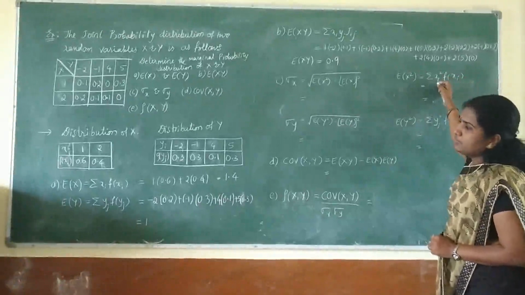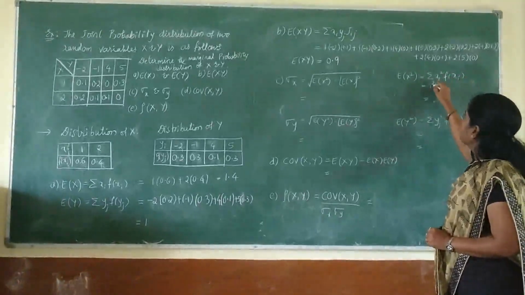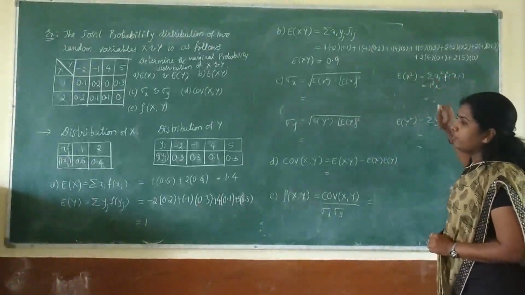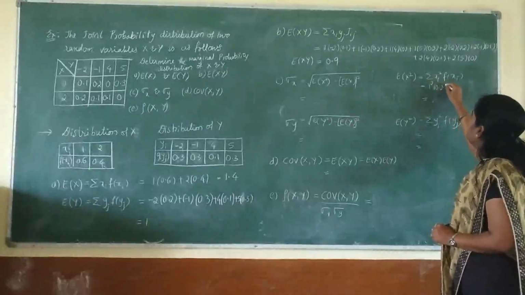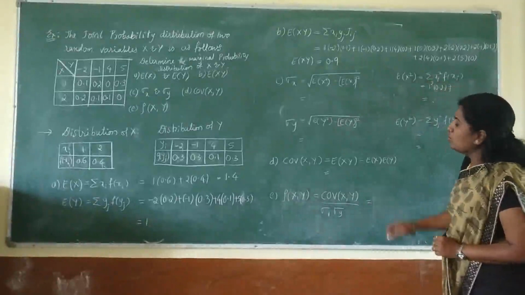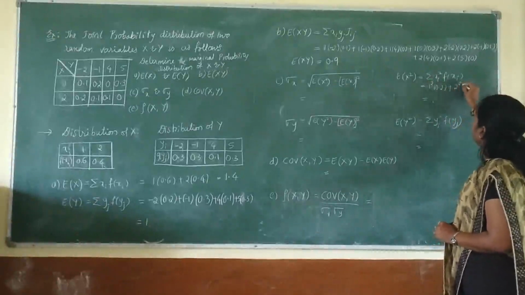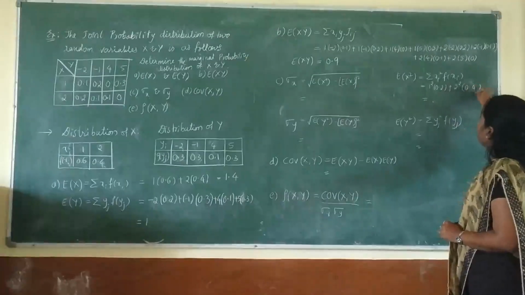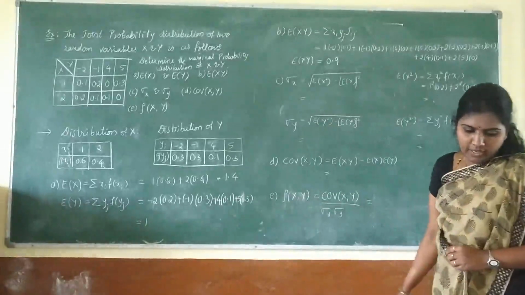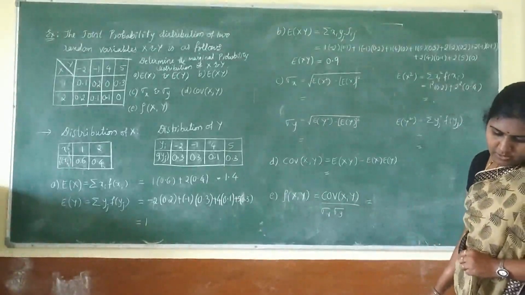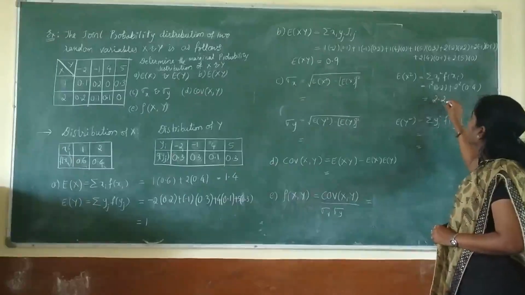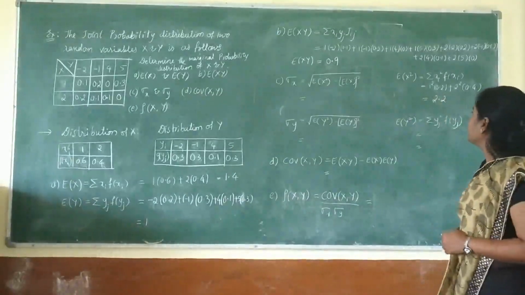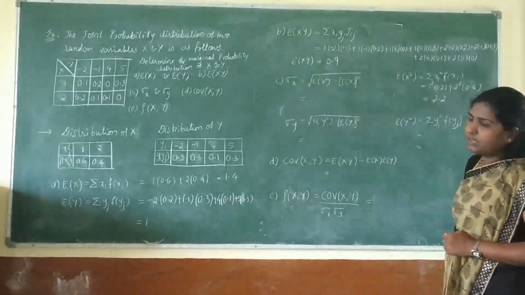That is 1 square into 0.6 plus 2 square into 0.4. After simplifying, E of x square is 2.2.